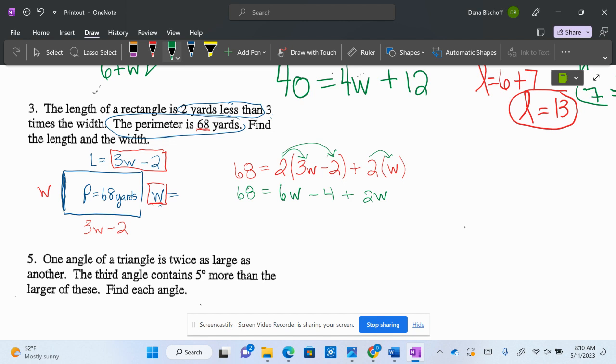Can we combine like terms? Yes? What do you want to group together? So that gives me 68 equals 8W minus 4. Yep, add 4 to both sides. Plus 4, plus 4. I'm going to move that up here because I'm running out of space. So 68 plus 4 is 72 equals 8W.